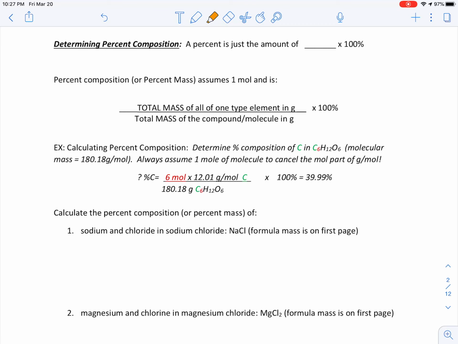This first type is percent composition. So we're basically going to be doing 3 different kinds of calculations. This is the first type, percent composition. And just a reminder, a percent is just the amount of something over all of it. I'm going to say part over the whole.